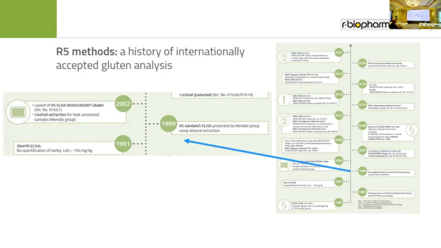However, he learned very rapidly that heat-processed samples especially were not best extracted with ethanol. So therefore, he developed a new cocktail extraction procedure for heat-processed samples, which he introduced in 2002. In this year also, R-Biopharm introduced the first commercially available R5 ELISA, the RIDASCREEN Gliadin ELISA, to the market.